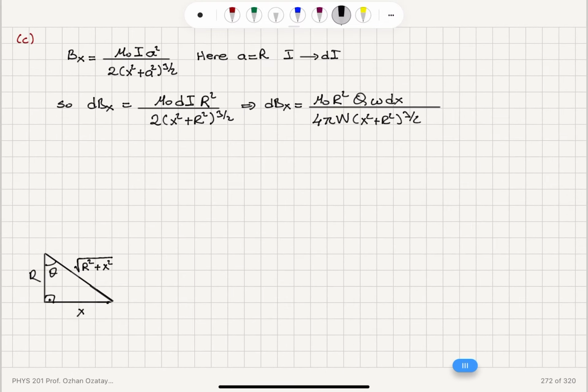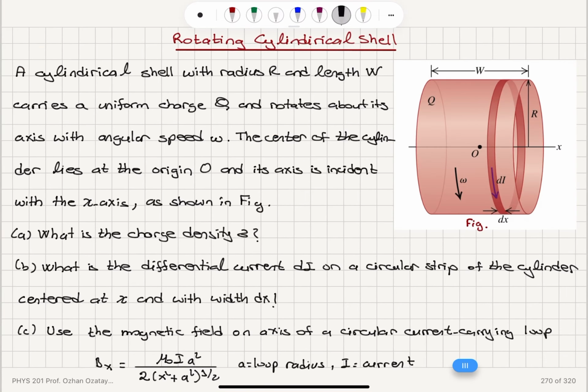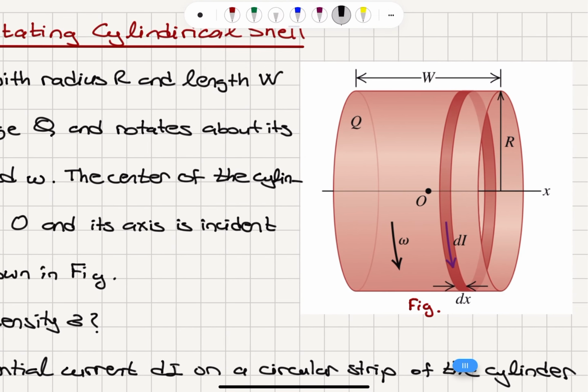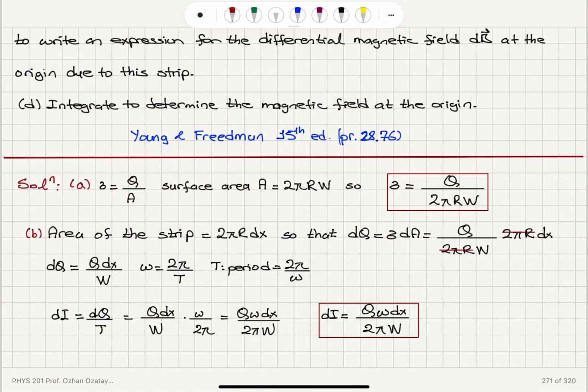And I can find its direction. So let's follow this current with our right hand, four fingers. If you curl your fingers in the direction of the current, then you will see that the magnetic field is in the i-hat direction. That's the direction defined by our thumb.